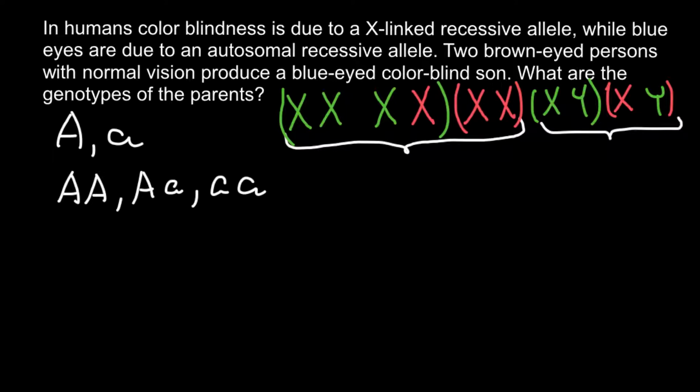The first two would produce brown pigment, and the last one would produce blue pigment. And as you remember, I said that the recessive allele will produce a reduced amount of brown pigment, and how that reduced amount of brown pigment would turn out to look blue.